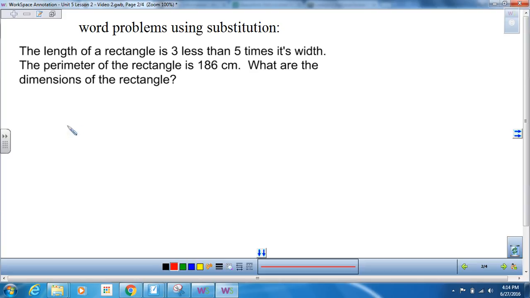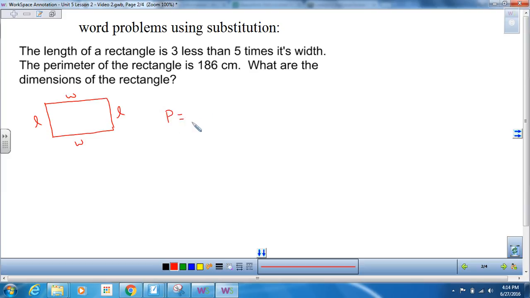All right, so let's first talk about just perimeter of a rectangle. Okay, so we have a rectangle here. So let's say I call this my length and this my width. All right, well, if that's length, then this is length and this is width. Perimeter is the total distance around, so adding all the sides together.